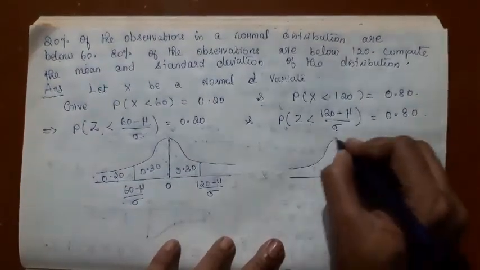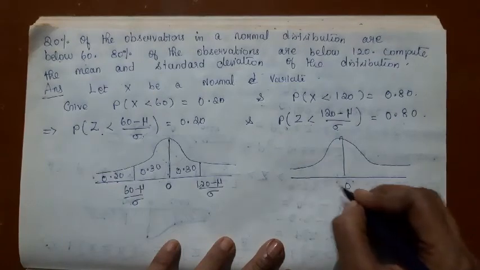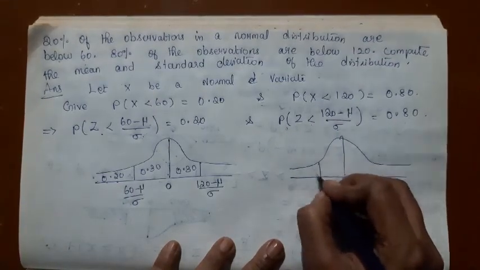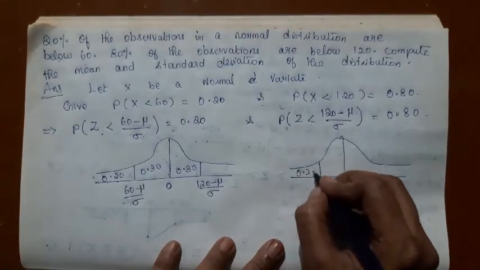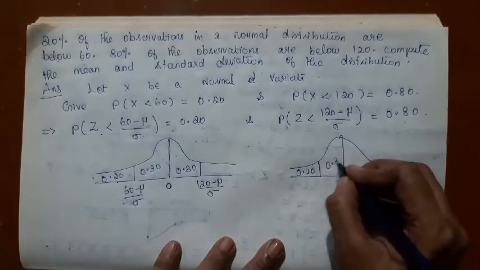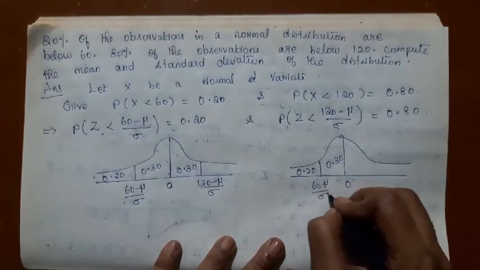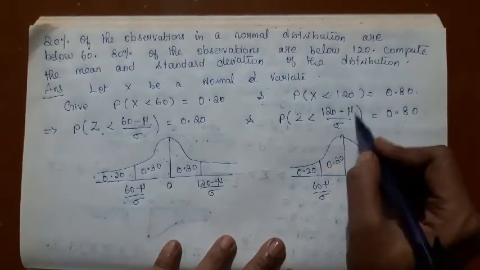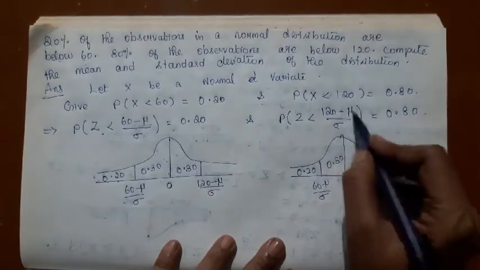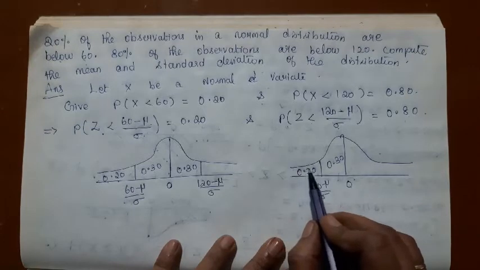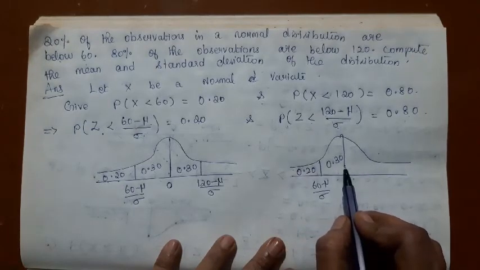See, you draw the curve. The area to be covered is 0.2. So start from here, stop here. So the remaining area will be 0.30. So this is (60 minus mu) by sigma. Now you should cover the area 0.8 to have this point. Come up to this, you will get only 0.5.